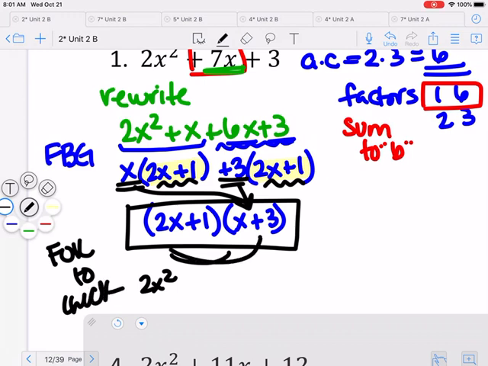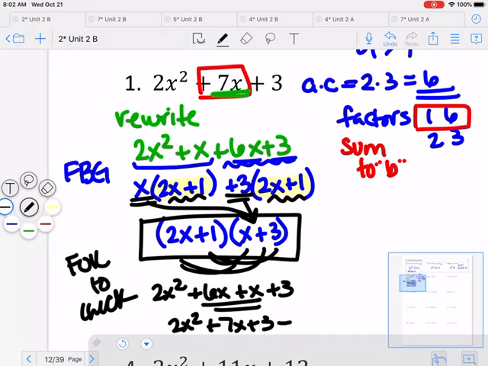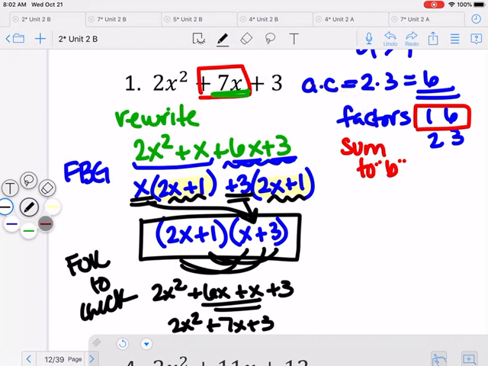Outside, 2x times 3 is plus 6x. Inside, 1 times x is x. Last, 1 times 3 is 3. And our like terms combine: 2x squared plus 7x plus 3. That was our original problem, so I know that I've done it correctly. But this, 2x plus 1 times quantity x plus 3, is our answer.